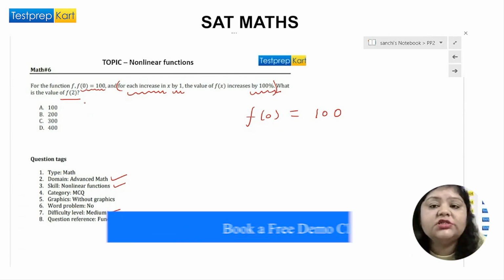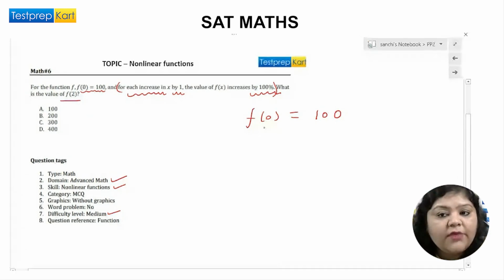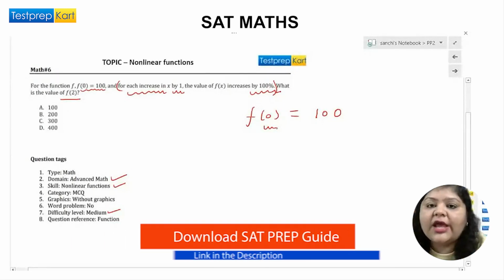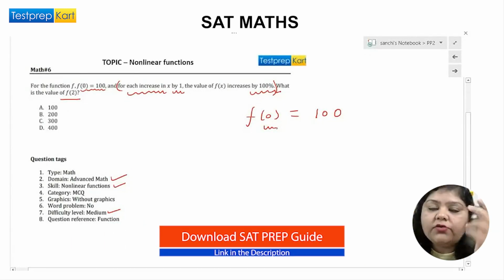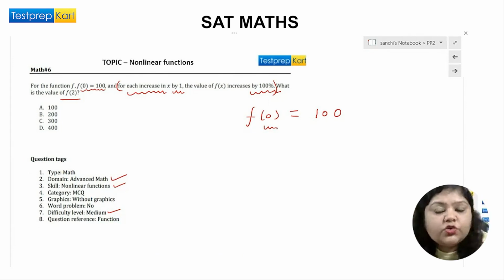Just increase the value of x by 1 twice. It was 0 here, so first you should find f of 1 and then f of 2. Just use this statement and find out the value of f of 2.